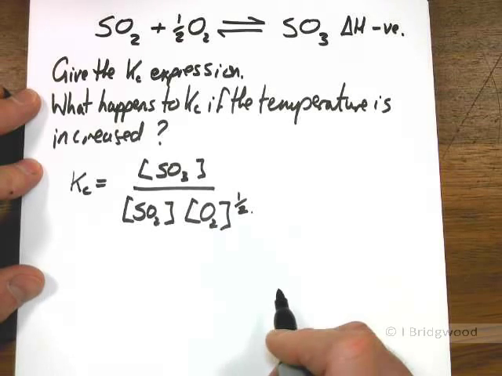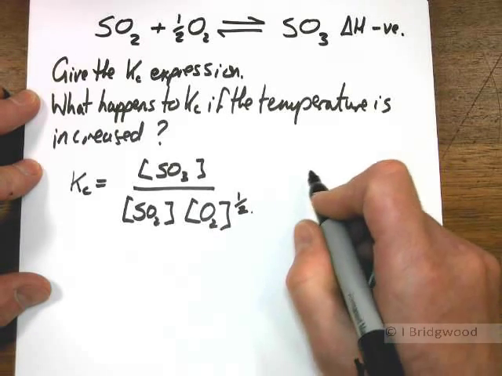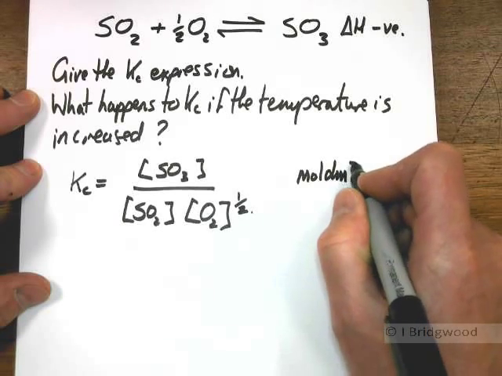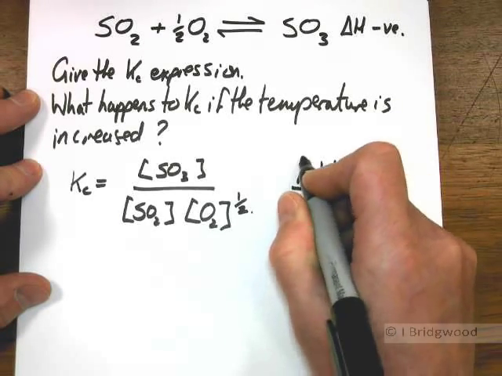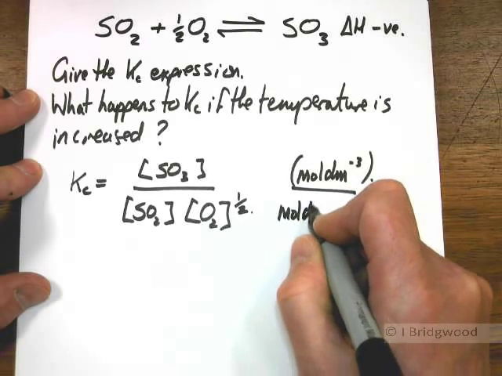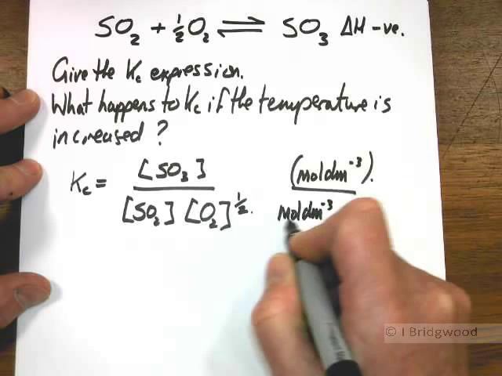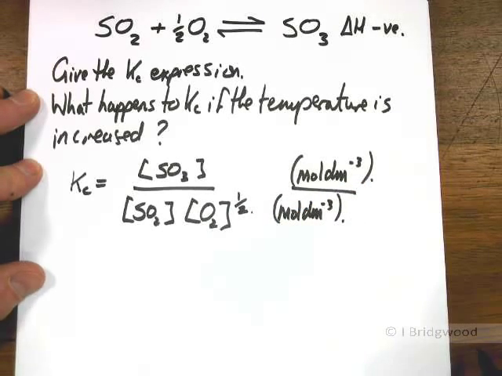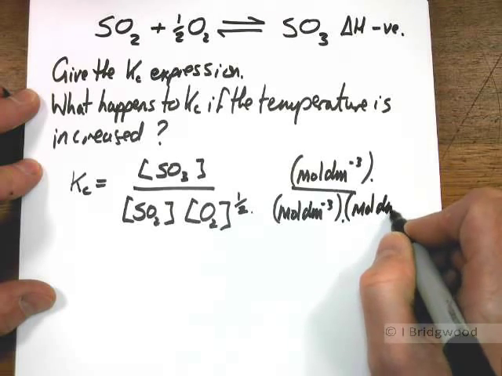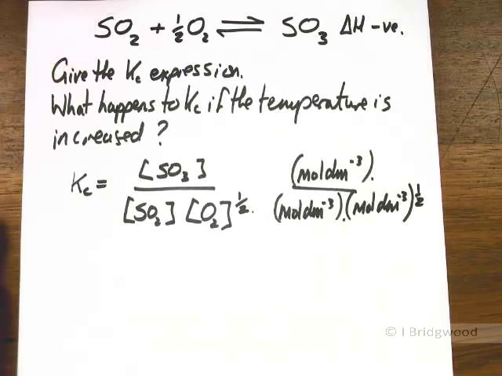Now if we look at the units for this, moles per cubic decimeter for the concentration of sulfur trioxide, moles per cubic decimeter for sulfur dioxide, and moles per cubic decimeter to the power 1/2 for the oxygen.